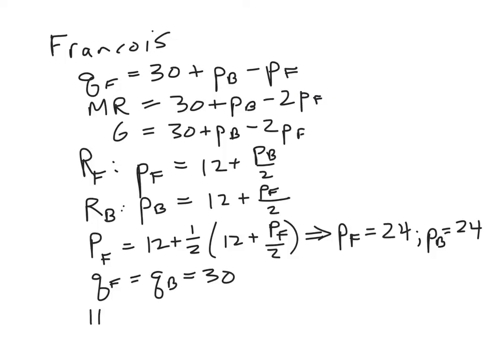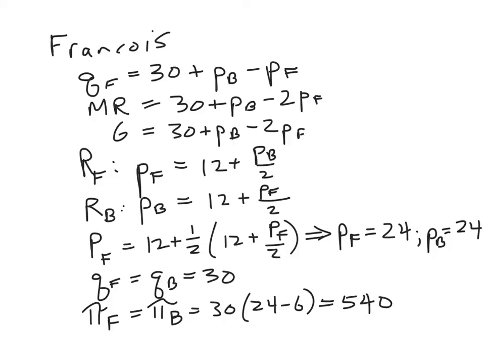And so Francois' profits will equal Babette's profits, and that will equal the quantity 30 times 24 minus 6, otherwise known as 30 times 18, which is equal to 540.